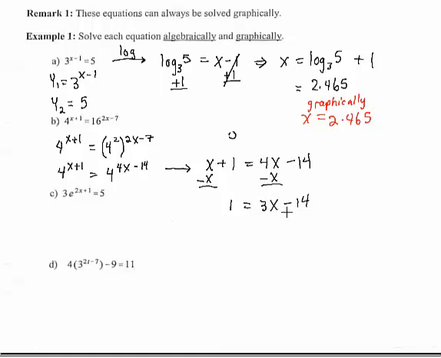The x is on the right, so now I want to move my 3 and my 14 to the left. Starting with my 14, I would add it. 14 plus 1 gives me 15. The 14's cancel on the right, and I'm left with 3x, so I divide by 3, and I find that x equals 5.